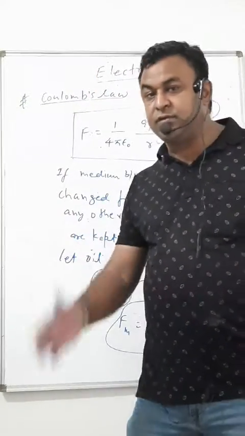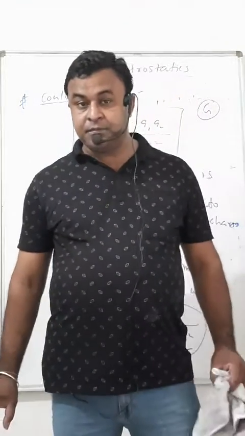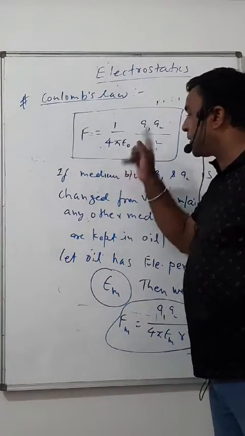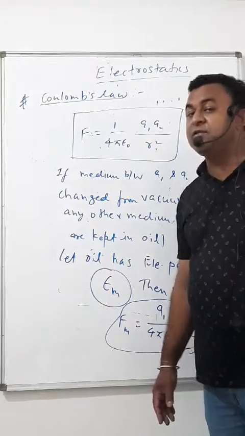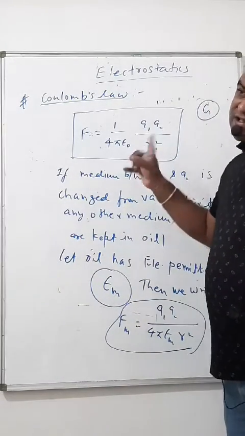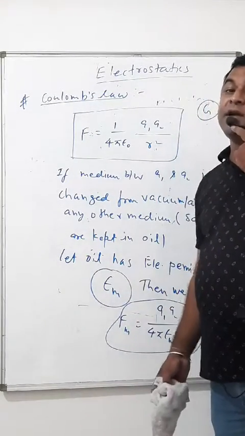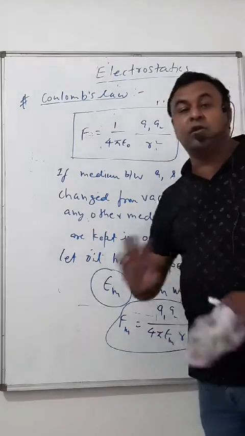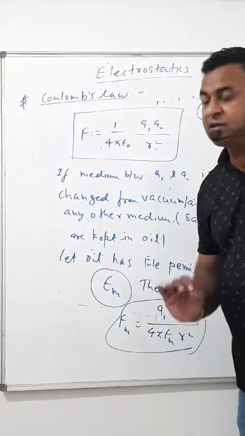So, in other words, we say that force of gravity doesn't depend upon the medium. But here, the constant contains the property of the medium, its permittivity. So, if the medium is changed, the force will also get changed. So, this electrostatic force is a medium dependent force, while gravitation force is not a medium dependent force. So that's a very important thing here.